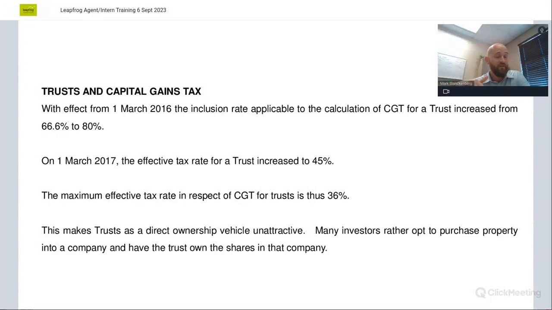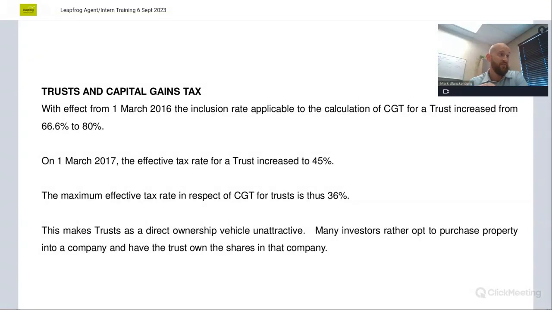The main benefit, and we're going to get to it in a bit, that you're going to get now from a trust is if you hold a lot of wealth, your estate is worth more than 3.5 million, for instance, and you want to find some better way to avoid paying the 20% estate duty to SARS upon your death.